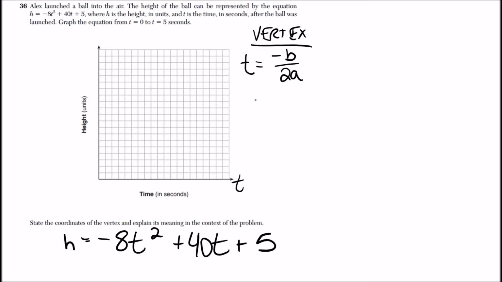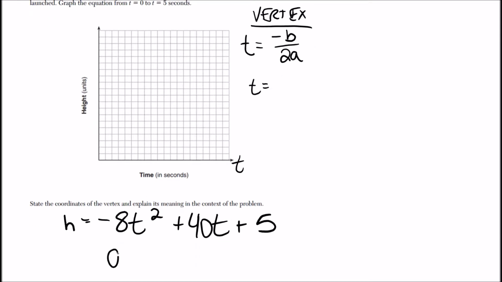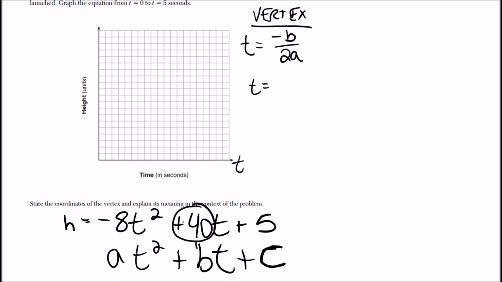All right, so in order to get this, t equals negative b, well, that comes from the equation that's like a t squared plus b t plus c. So in this case, I just need to read off b is 40, so this is negative 40, over 2 times a is going to be negative 8 here from just reading off of my function.